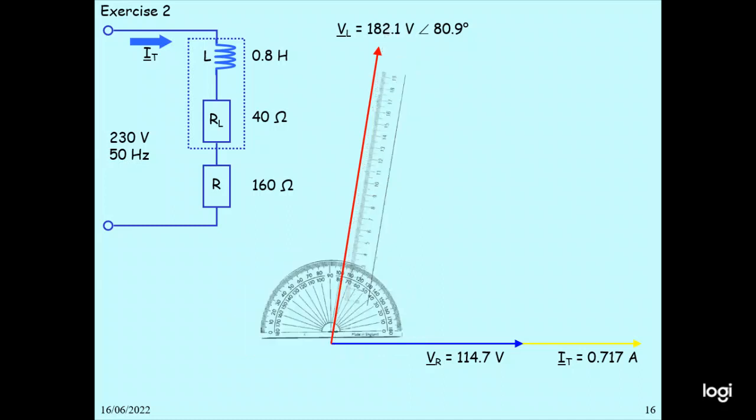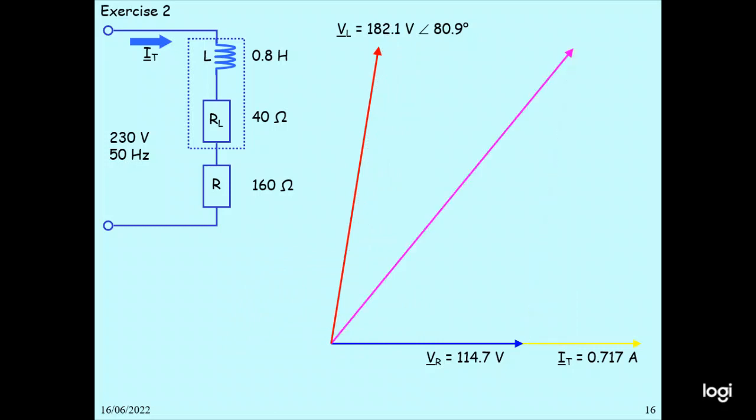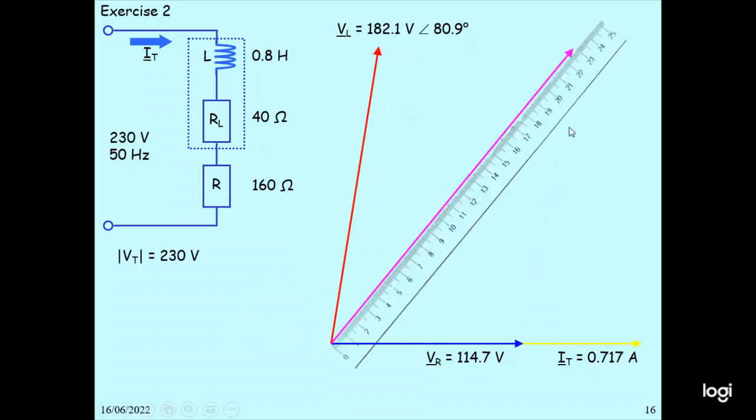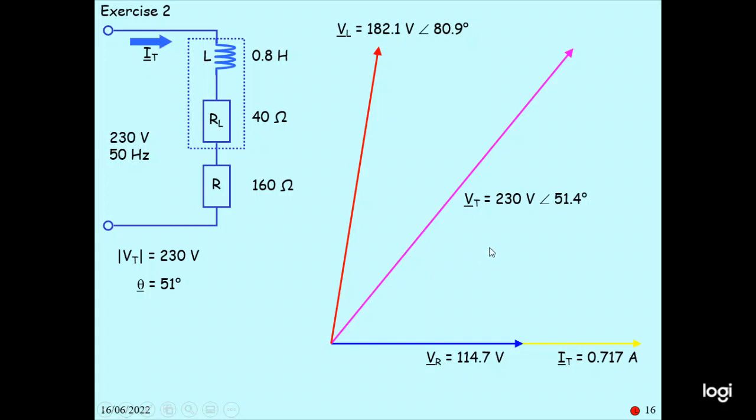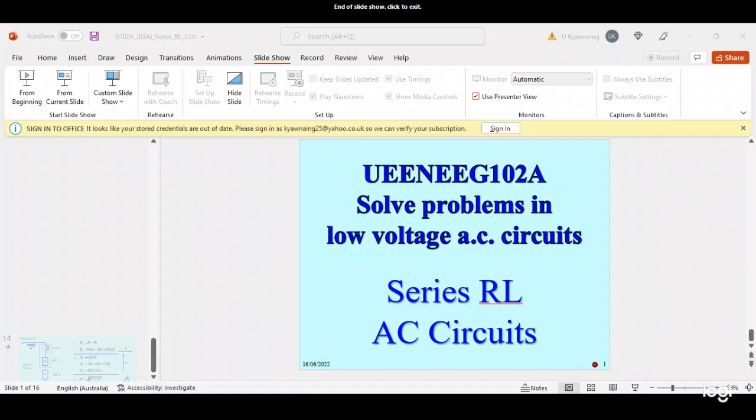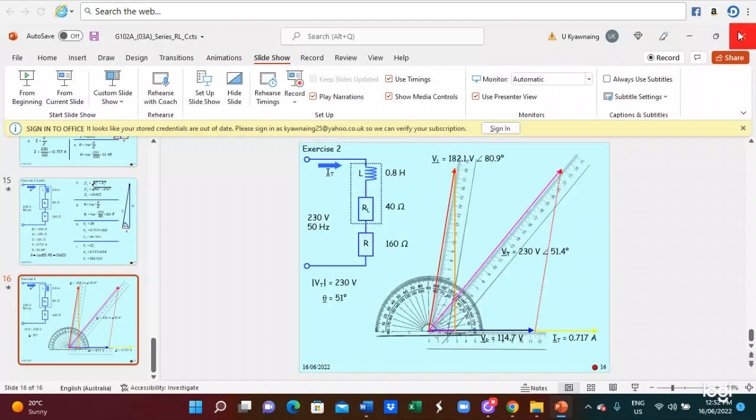Then you draw the triangle, and this is the measured resultant value. That will be VT 230 volt, and also the angle 51 degrees. So this is the way we calculate for those three RL series circuits.